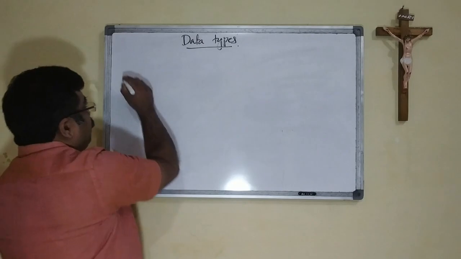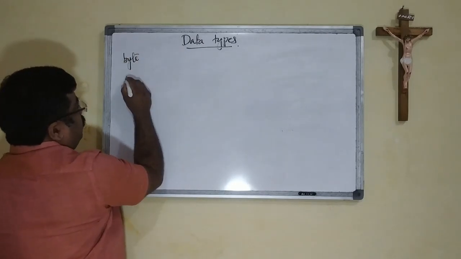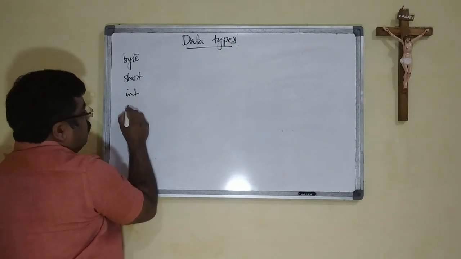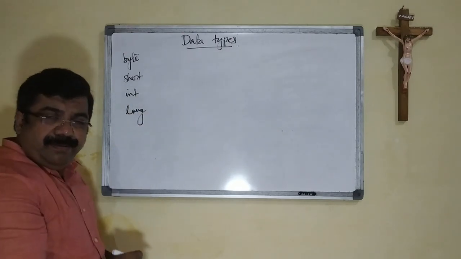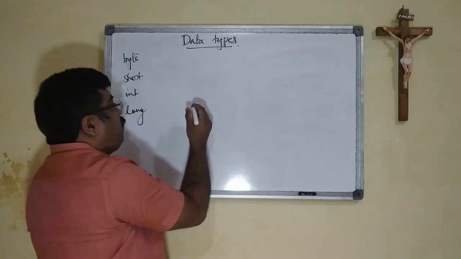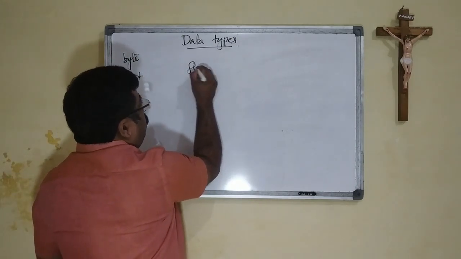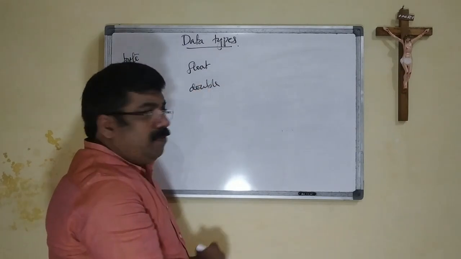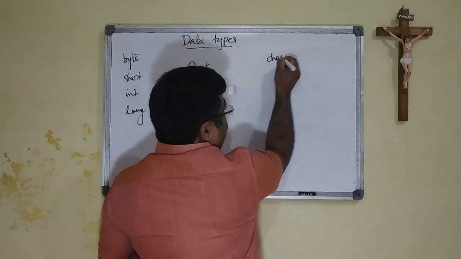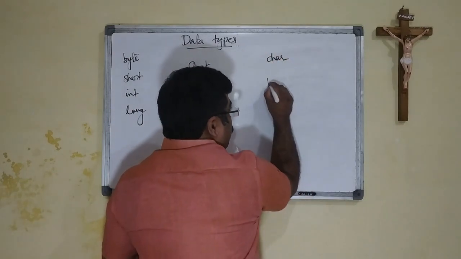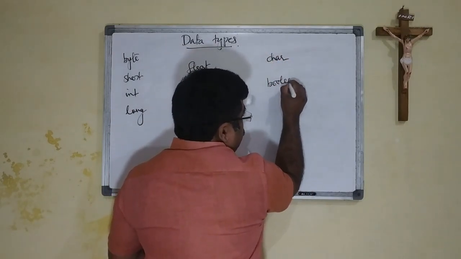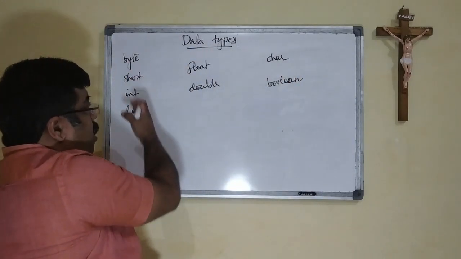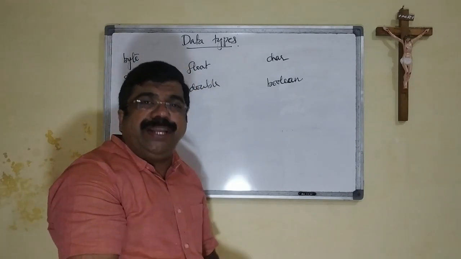They are byte, short, int, long. Then we have float, double. Then we have character as well as boolean. These are the 8 primitive data types.